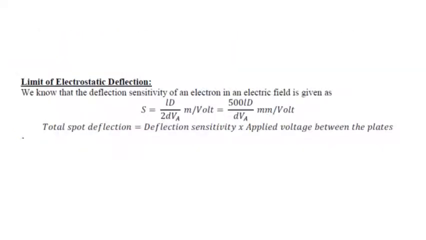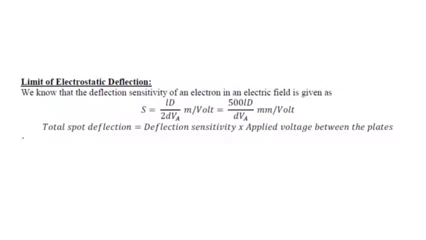The deflection sensitivity limit of the electrostatic deflection. The deflection sensitivity of an electron in an electric field is defined as S = LD/2dVa. In meters, and in millimeters, 500 LD/dVa millimeter per volt.